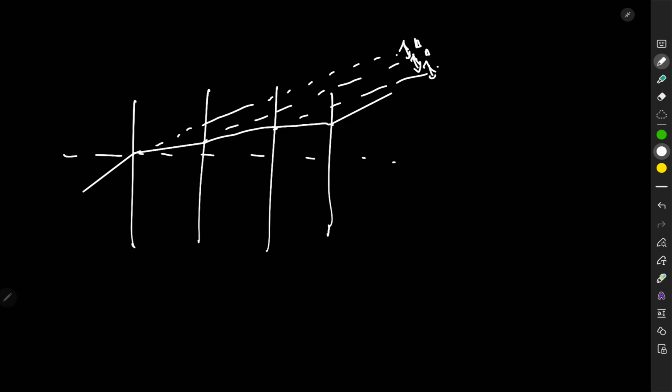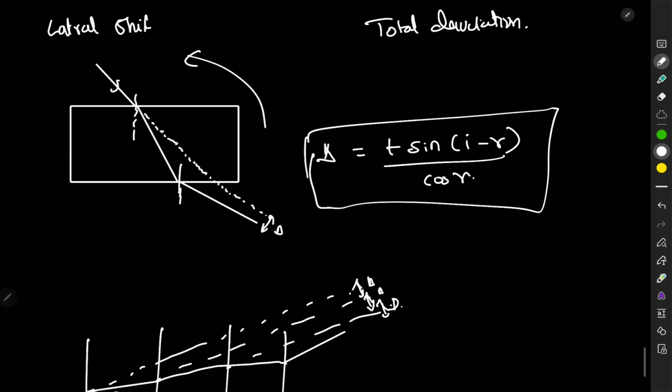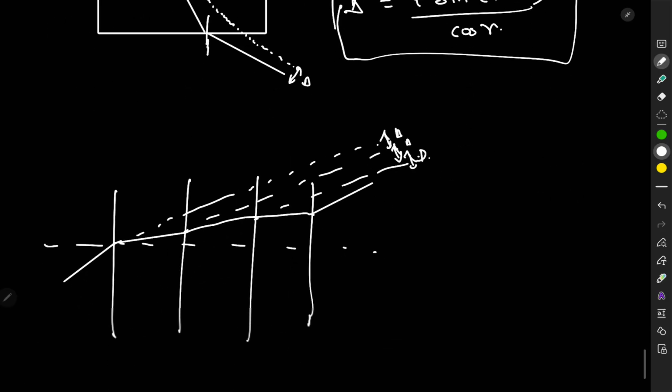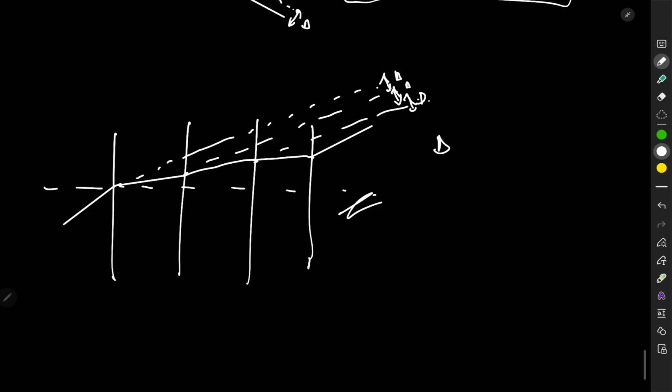I hope you understand that. The same case, if you rotate by 90 degrees, this case will come. How many of you agree? So I can write the total delta is equal to delta 1 plus delta 2 plus delta 3.